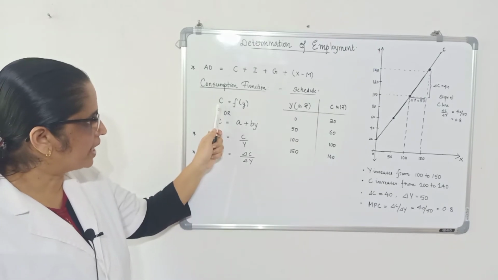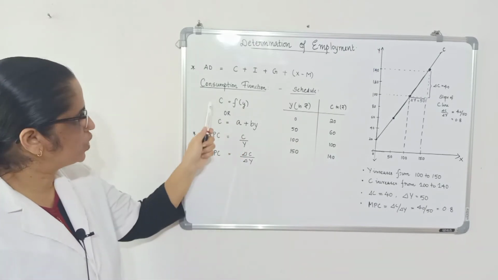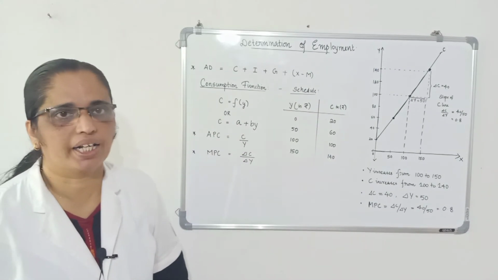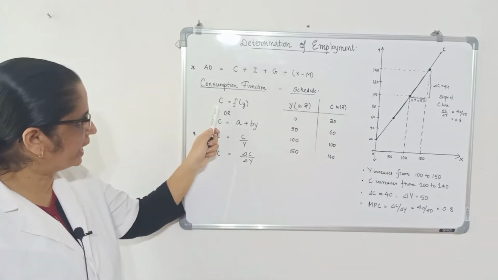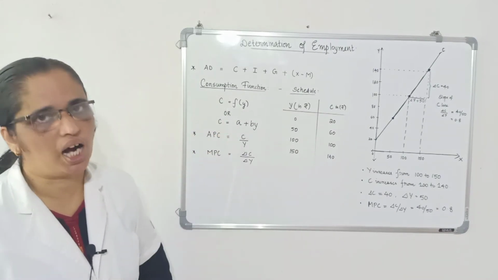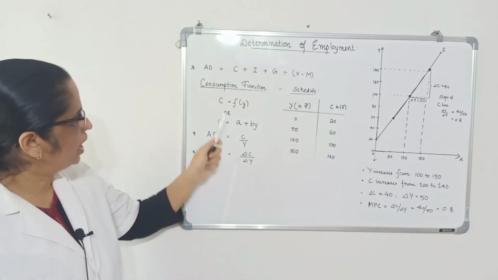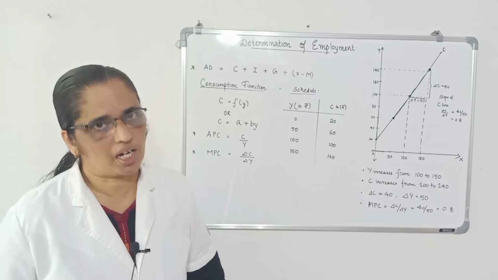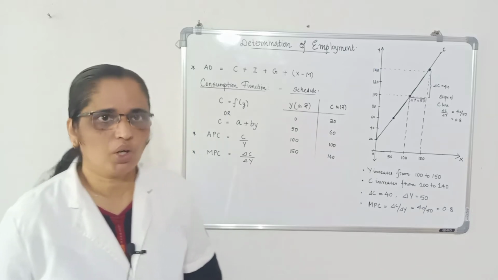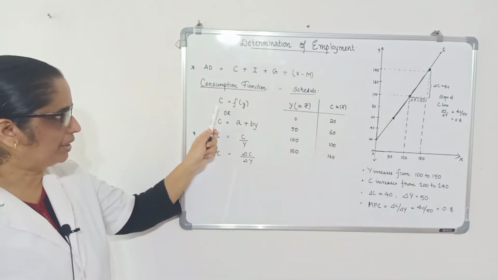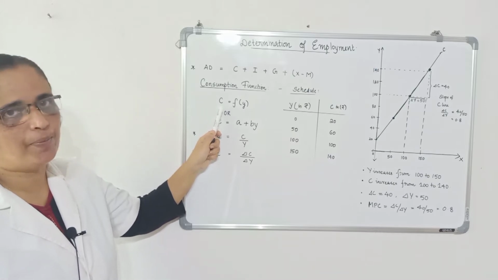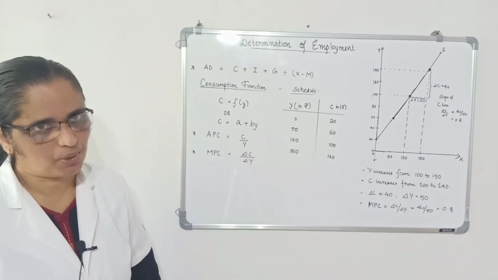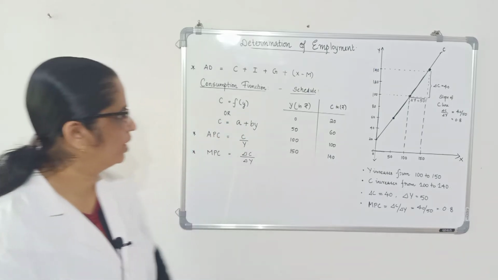Here, C is a function of Y. C stands for aggregate consumption, Y stands for aggregate income. Aggregate consumption depends upon aggregate income. It can be expressed in the form of an equation: C is a function of Y.